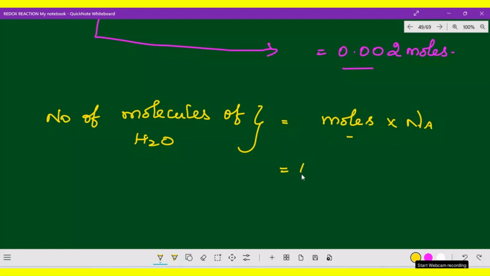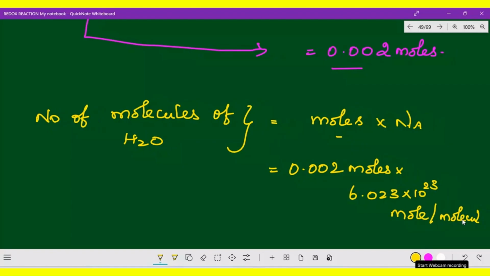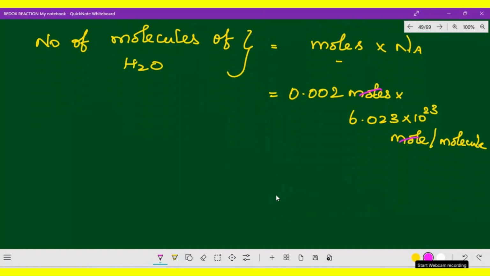Moles we just found: 0.002 moles into Avogadro number, 6.023 into 10 to the power of 23, per mole. So this mole and this mole will be cancelled. When you calculate these, you will get 1.2044 into 10 to the power of 20 molecules.